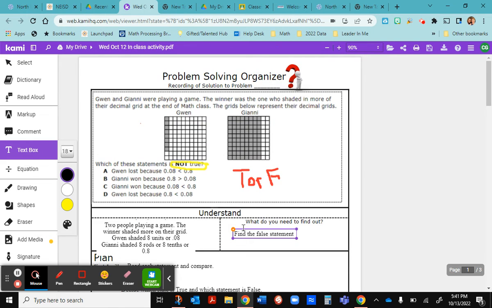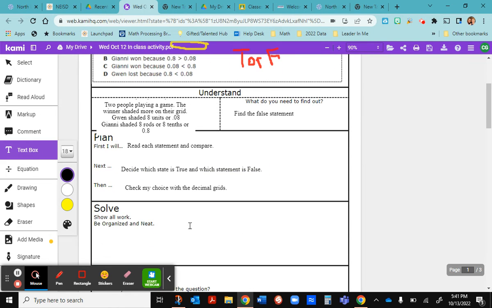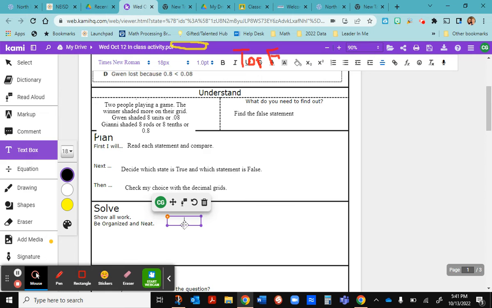Okay, so now let's get busy. I know that Gwen had, I'm going to write this out. Gwen had 8 units or 8 hundredths, or you see what I'm doing here? Whichever one helps you better understand.